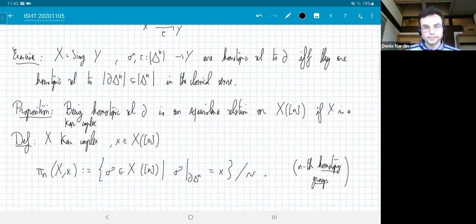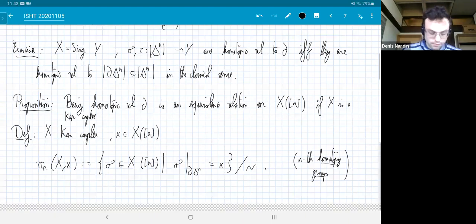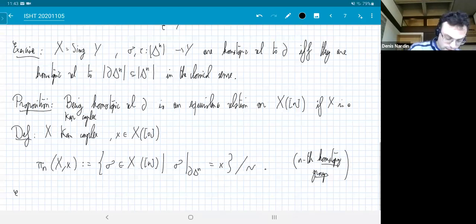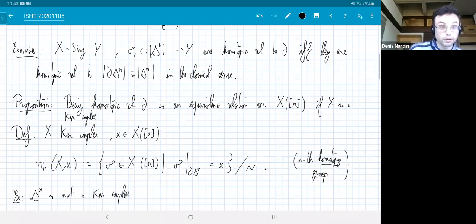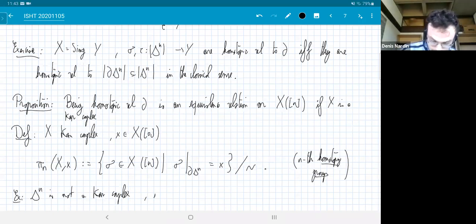Yeah, I have a simple question. Is there a non-example of a Kan complex? Oh yeah. Sorry, I thought I gave it before, but delta n is not a Kan complex. Oh, okay. For example, because you can go from 0 to 1, but not backwards from 1 to 0. Yeah, in general, actually, let me put this other example, because it's going to be important in, I think, a couple of lectures.